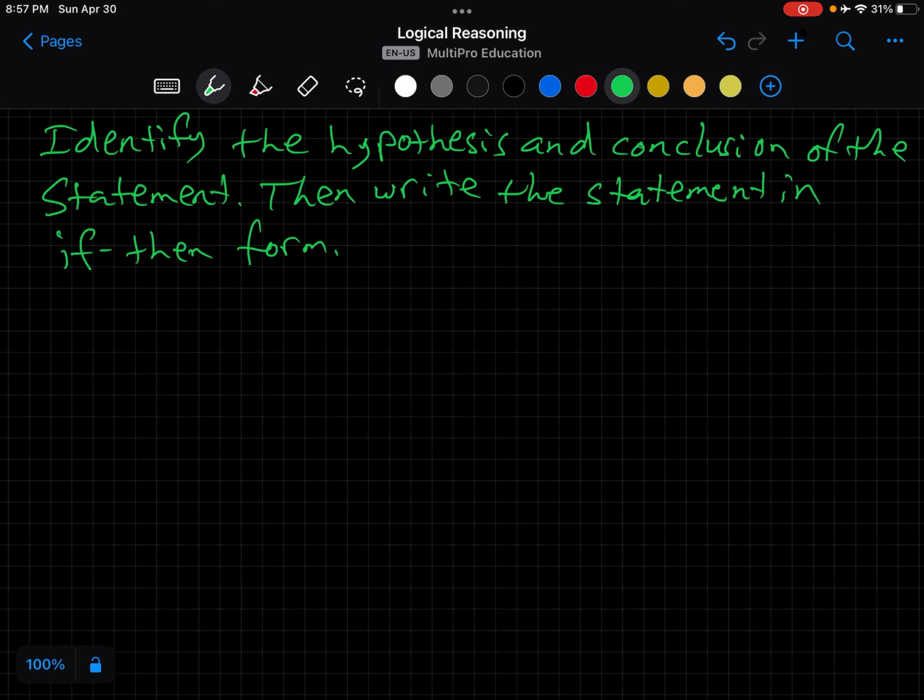So in the case of the conditional statement, if-then, if A, then B.